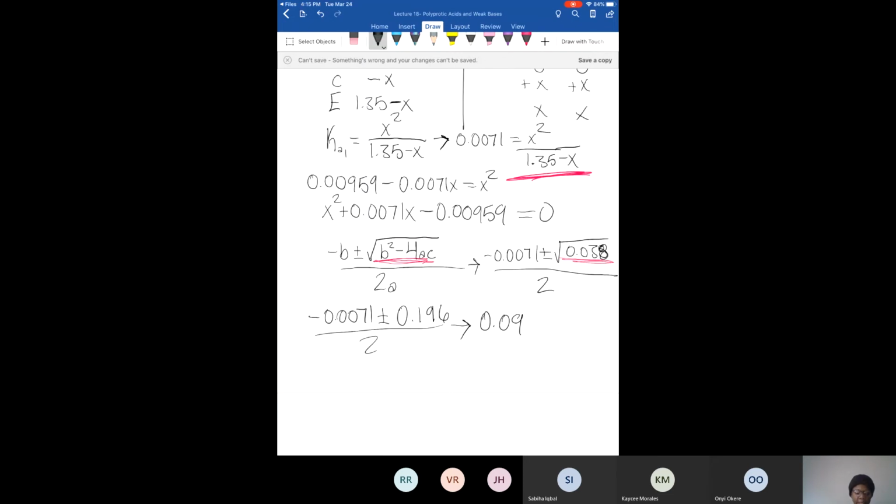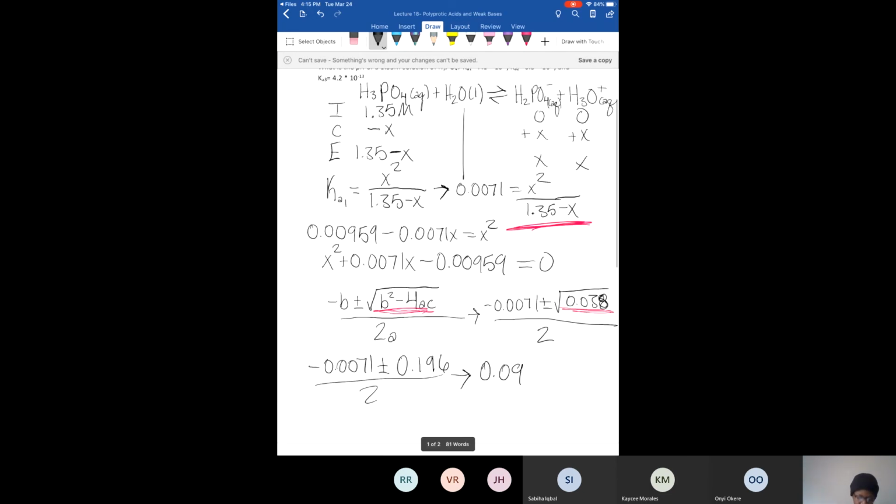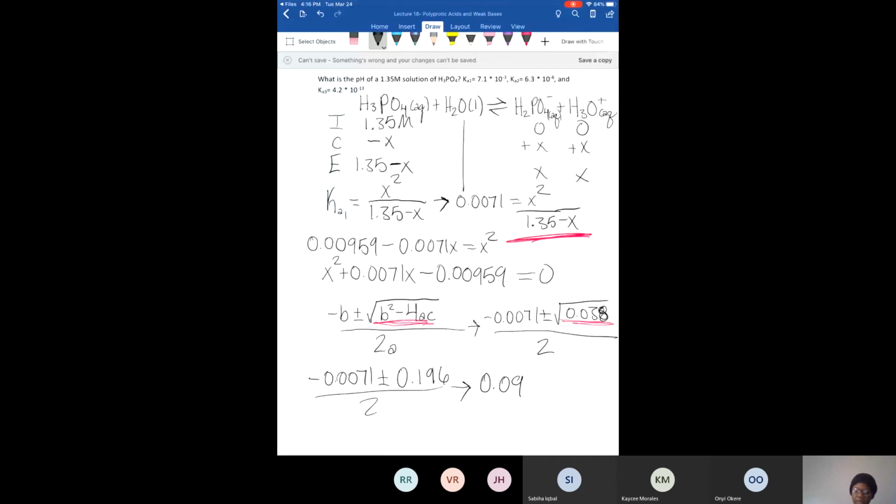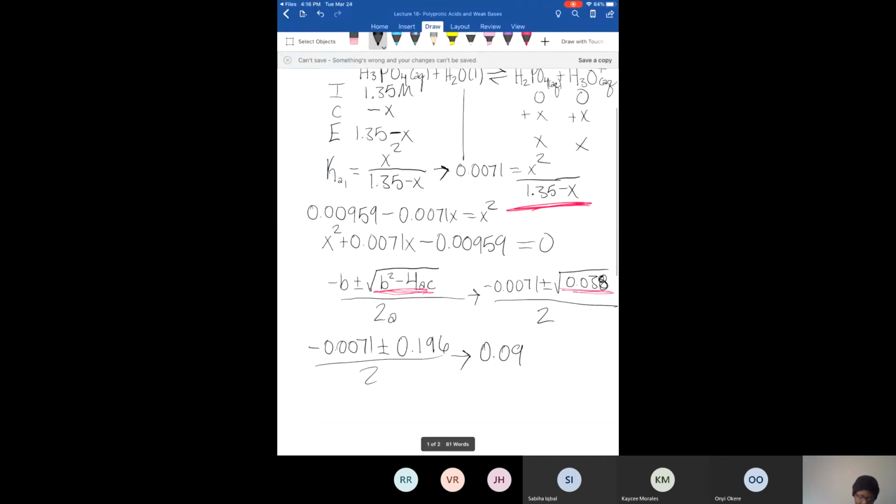If I take 1.35 and divide it by 7.1 times 10 to the negative 3, the difference between them is less than times 10 to the 4. So I can't just ignore that. That's what it means by 4 magnitudes.